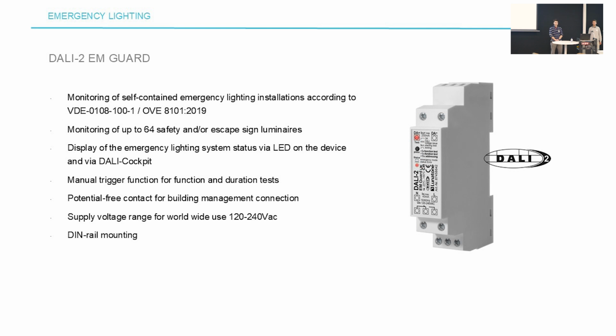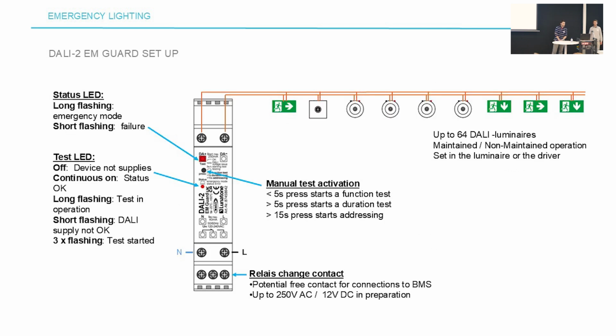It supports up to 64 devices, including emergency luminaires and even escape signs. It has a status LED built in, so you can directly see what is going on the bus. So a long flashing indicates that the bus is in emergency mode, and a short flashing indicates that there is a failure on the bus.